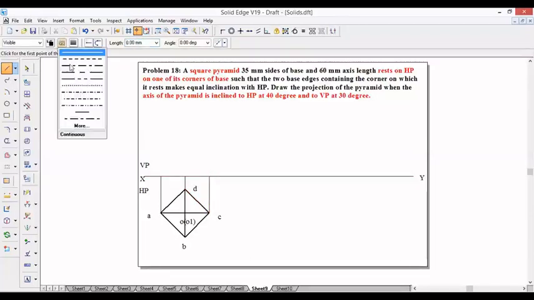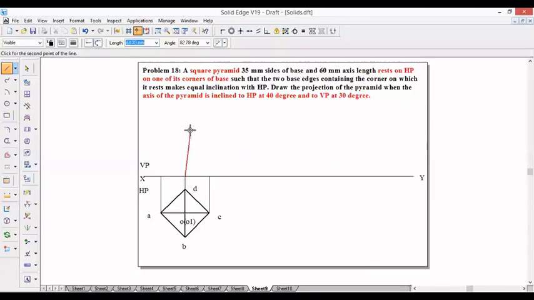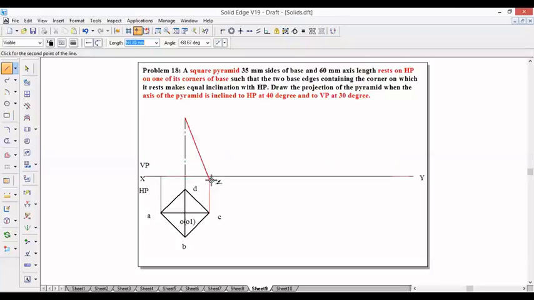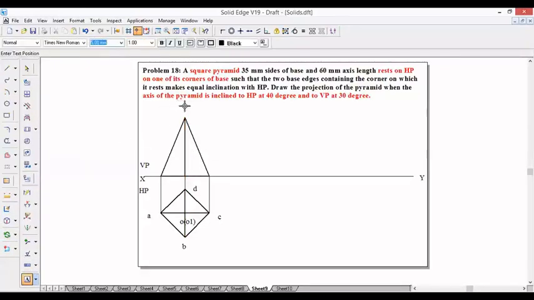Then let us move on to the axis. From here, the axis length is 60 mm, at 90 degrees. Then let us move on to the visible lines. The outermost edges of the solid are going to be visible, and this BO, the slant edge, is going to be visible.